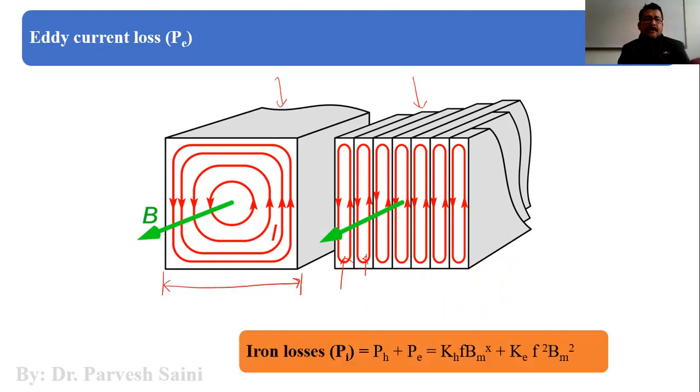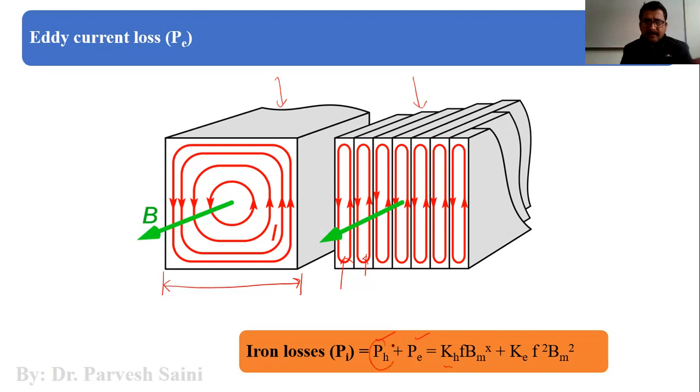Now, iron losses are the sum of two types of losses, the hysteresis losses and the eddy current losses. Mathematically, their formulas are given here.